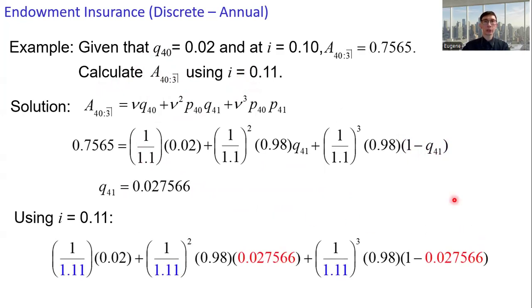The same expression, same quantity, except that v here is 1 over 1 plus i, which is 1 over 1.11. And upon calculation, we get the answer. At interest rate 0.11, this endowment insurance, the expected value is 0.7368.